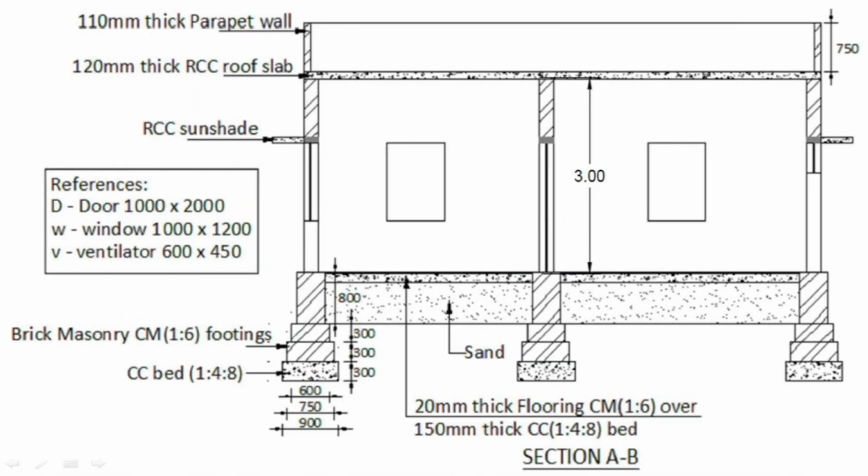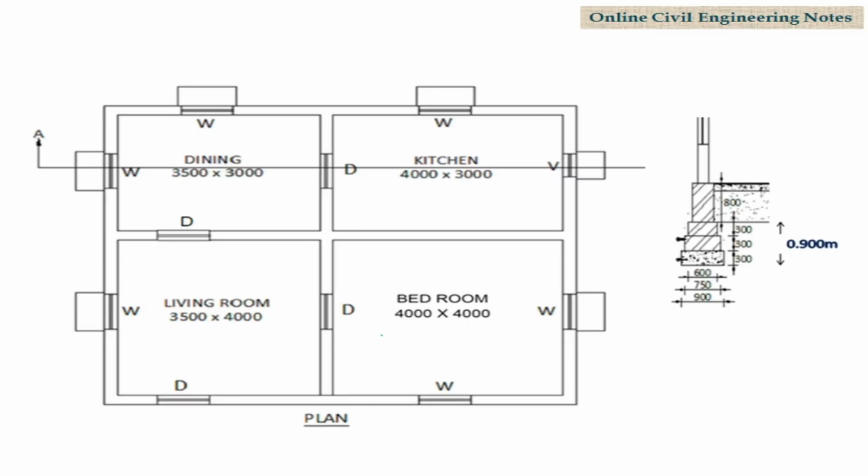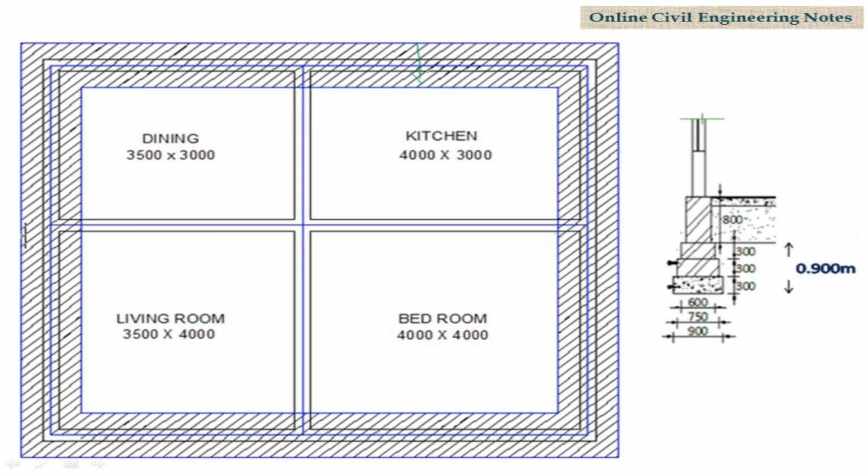See the section here. Second footing is located here. The width of the second footing is 600 mm and the thickness is 300 mm. In the plan, this is the width of the second footing, that is 600 mm, and thickness is 300 mm. We have already calculated the center to center length, that is 30.840 meters.